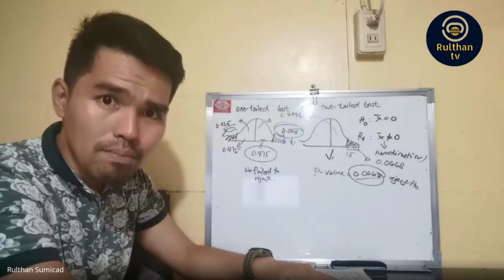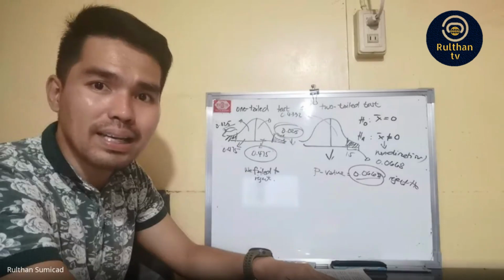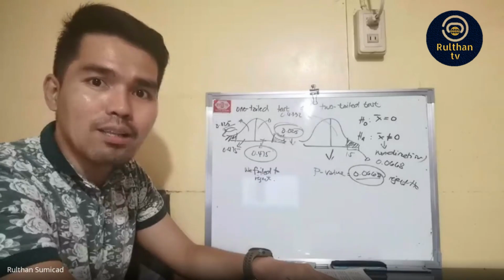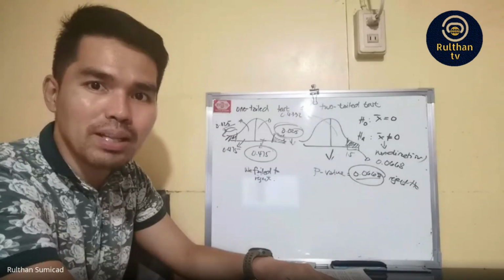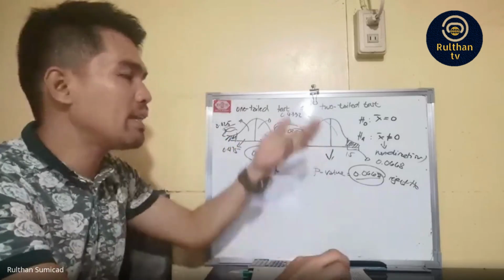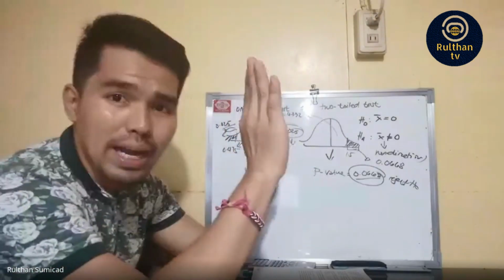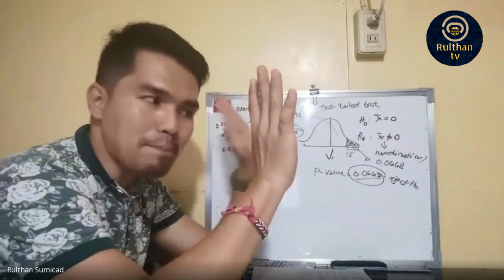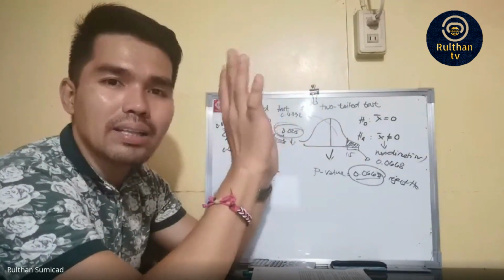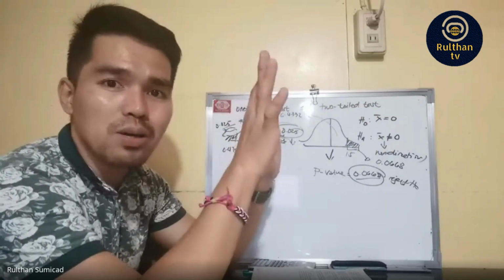Even if the sample mean is different from the population mean in the direction you predicted, this result could be due to chance fluctuation in random sampling. That is, the null hypothesis could be true. So if you look at this one, this is the population mean and the sample mean. If there's a difference between the two means, then it is more or less attributed to chance fluctuation in random sampling.